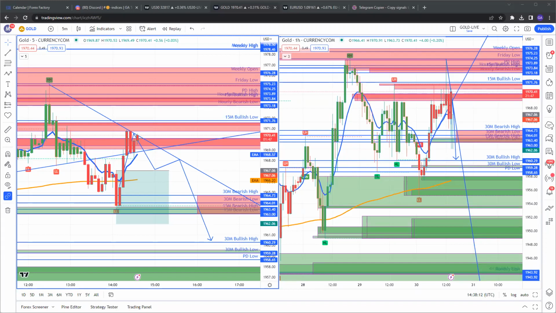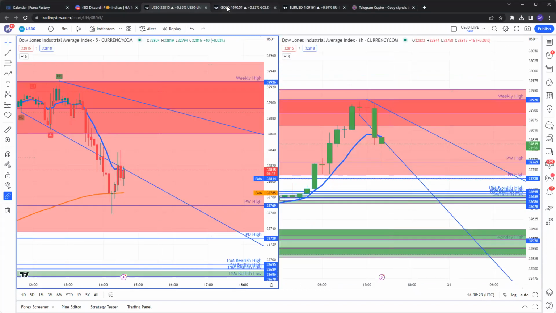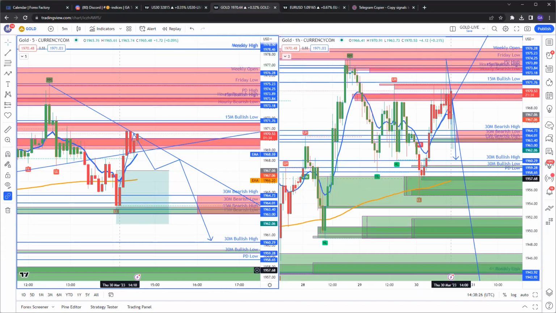Wow, don't tell me my copier didn't take the gold trade. That is so annoying. So I only made profit on one of my accounts. Wait, I did close that trade, right? This is so annoying.